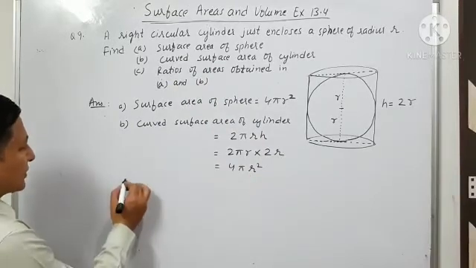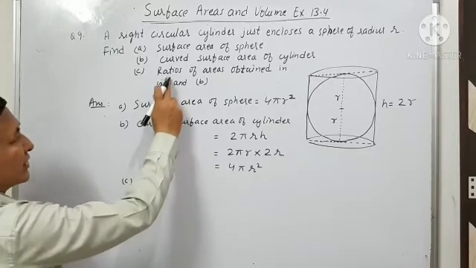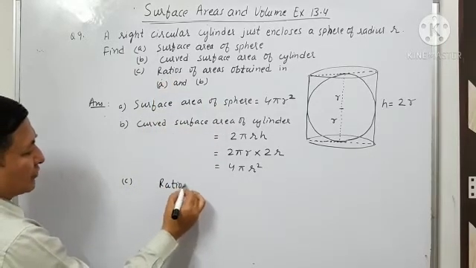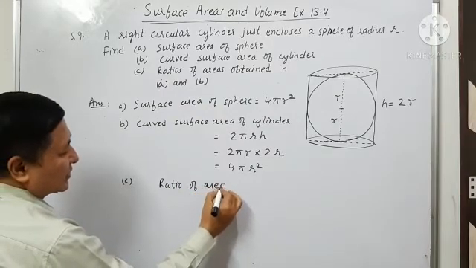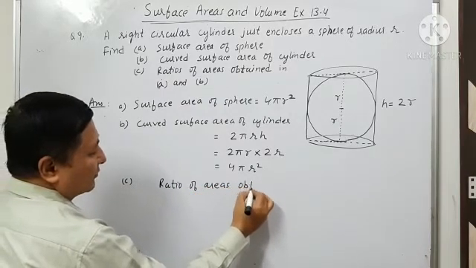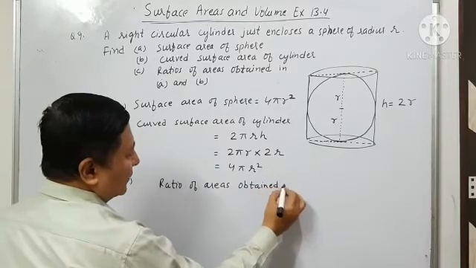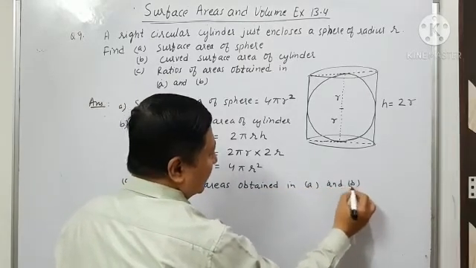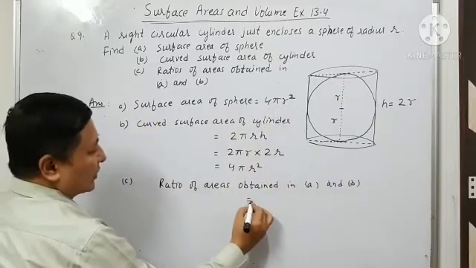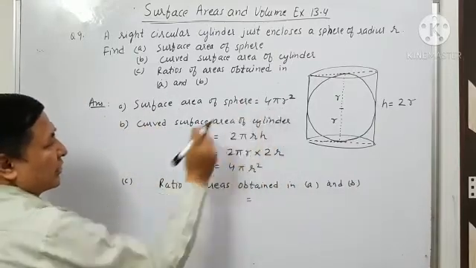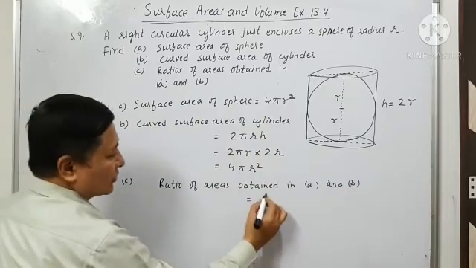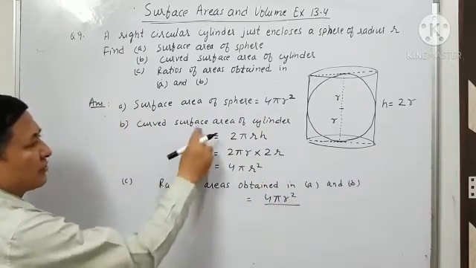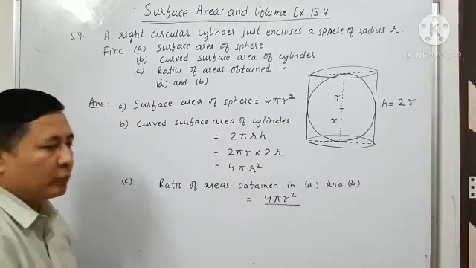Now the third part that we have to find is the ratio of areas obtained in A and B. In A we got the surface area of sphere, that is equals to 4 pi r square, and the curved surface area of cylinder also we got 4 pi r square.